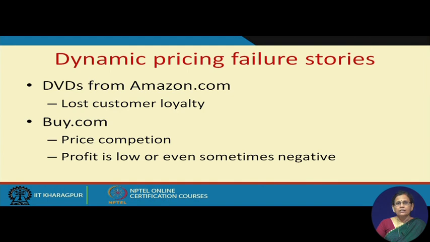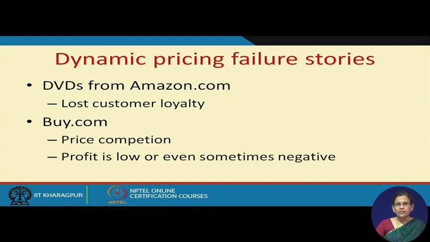So, what buy.com was doing is that it was taking the prices of its competitors and trying to offer a price which is the lowest among all the available prices.